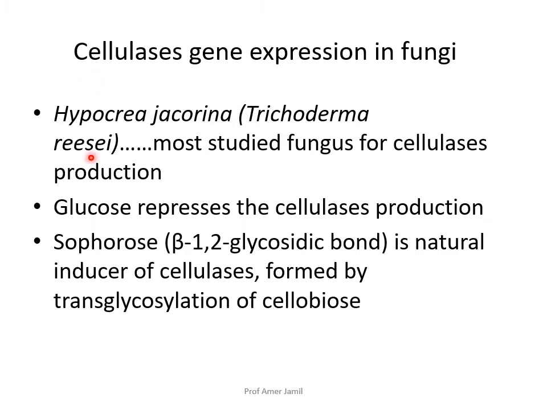One very good example of cellulase production, which is of industrial importance, is Trichoderma reesei. Its older name is Hypocrea jecorina. This is the most studied fungus for cellulase production and is being used in industry.